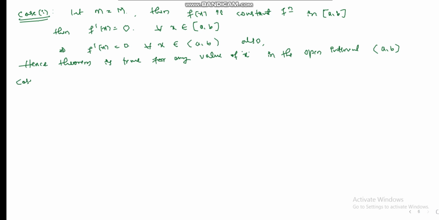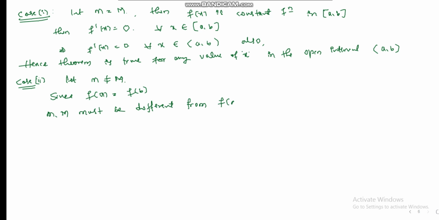Case two: here the infimum is not equal to the supremum, small m is not equal to capital M. Since we know that what is given is f(a) is equal to f(b). So here M and m, the minimum and supremum, must be different from f(a) and f(b), because we are already taking small m not equal to capital M. It means infimum is not equal to supremum.